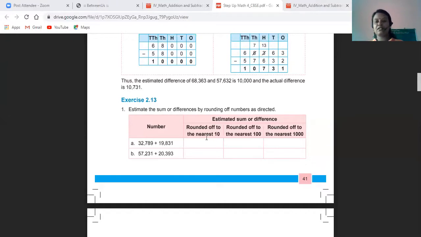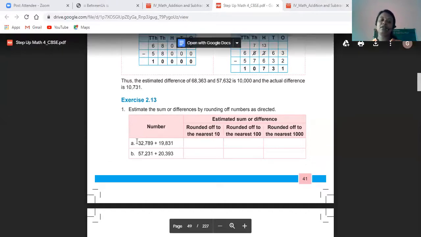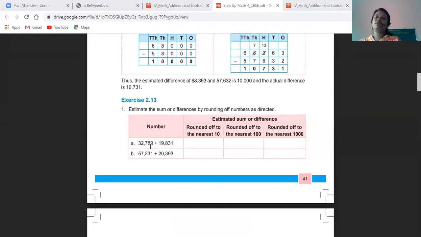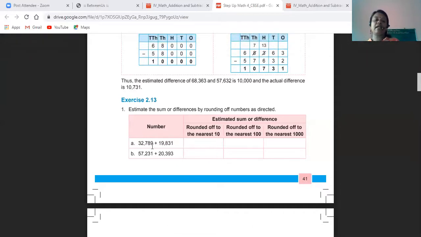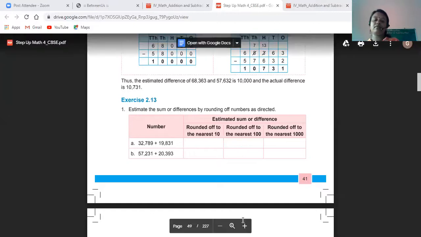When rounding to the nearest tens, the number 32,789 we shall take as 32,790 plus 19,830. So let us solve them on the whiteboard and learn how to find the estimated sum.